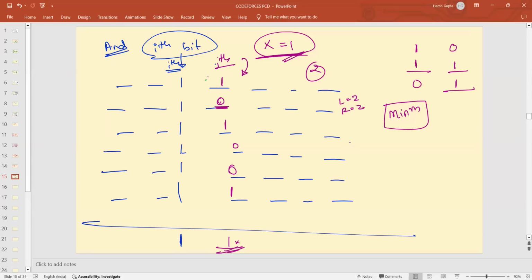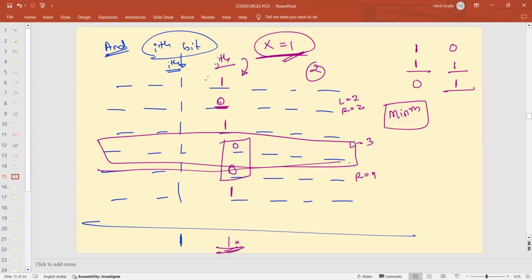Then you will select L equals 3 and R equals 4 and XOR these two numbers with X. When I am doing the XOR operation, just keep in mind the entire number gets XORed, so whatever bits are present in other positions will also change. But for now, my aim was to turn this ith bit on. So I just see what is the minimum number of operations I need to turn this particular ith bit on.